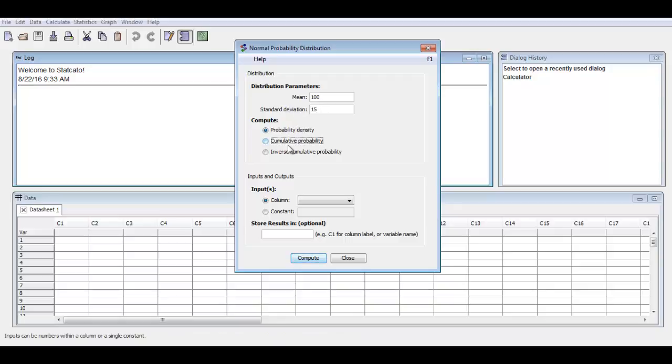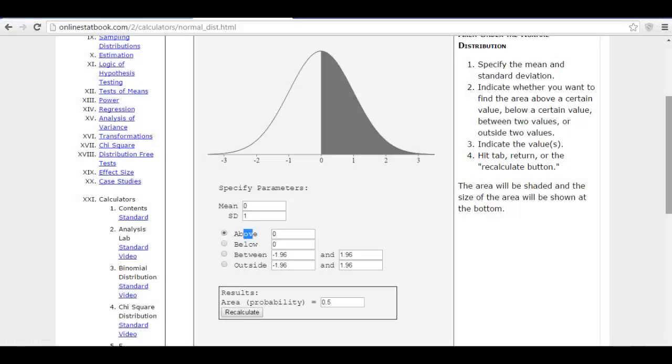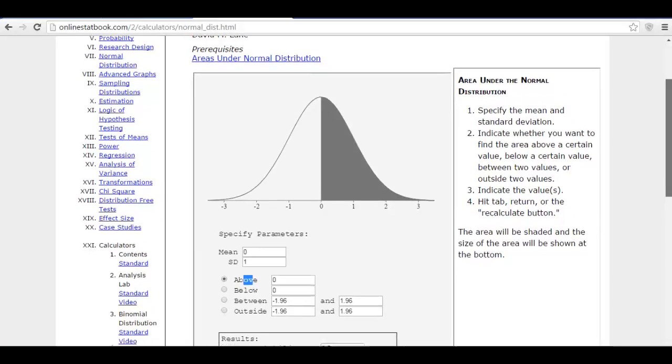Those were given. I want to do a cumulative probability and a constant of 105. I want to find the probability that x is below 105, and that probability is 0.630559.